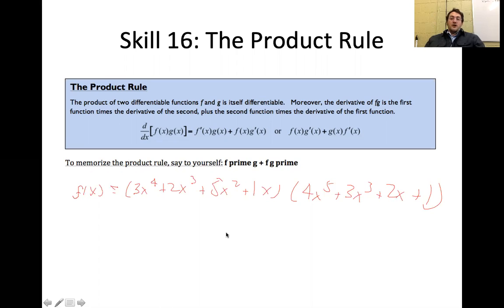Do you really want to be multiplying a four-term polynomial by a four-term polynomial? Nope, thought so. So instead, you just want to break this into two parts.